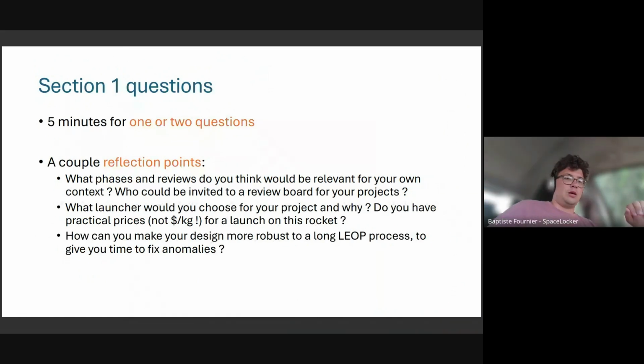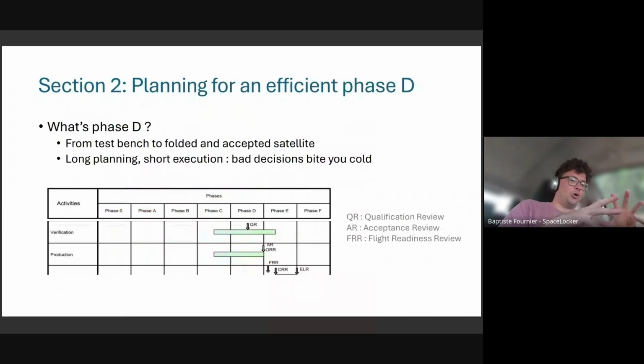Nice. Action 2. So again, I've talked about the DEF, I mean the late CD phase in this broad overview, and I want to dive into a few more specific points of: I have a prototype on a test bench, and I need to turn that into a folded up and tested satellite ready to fly.